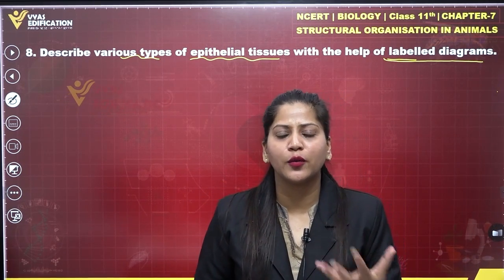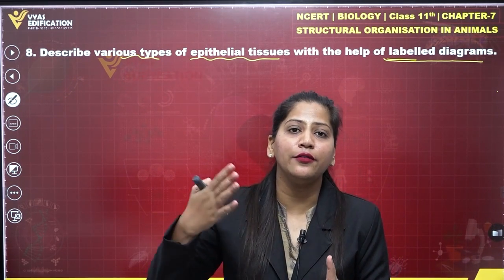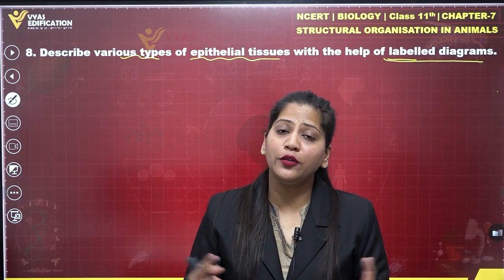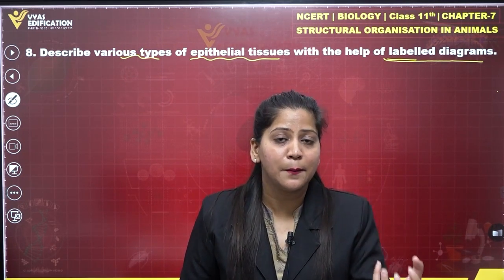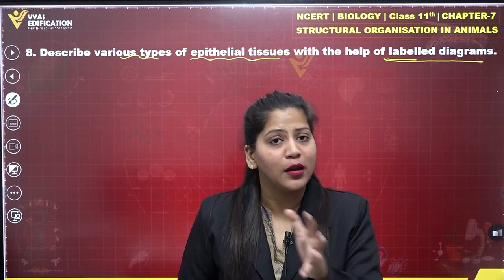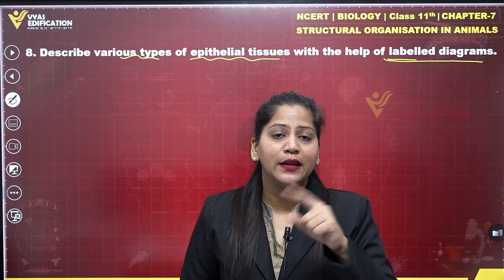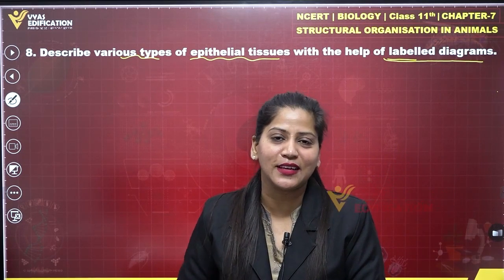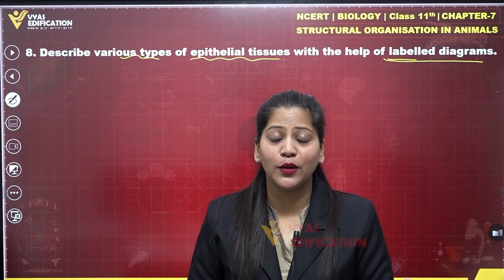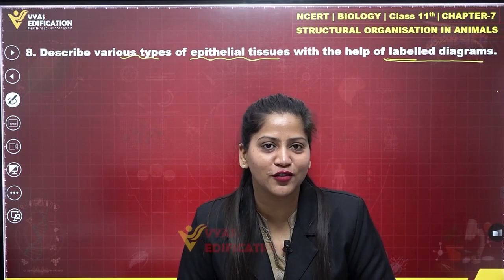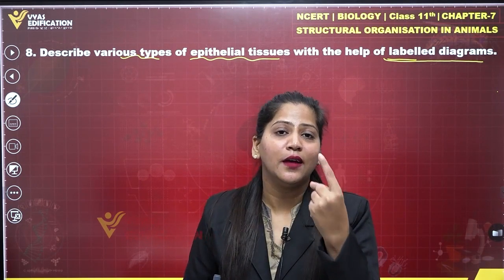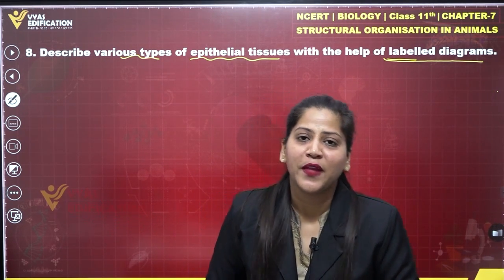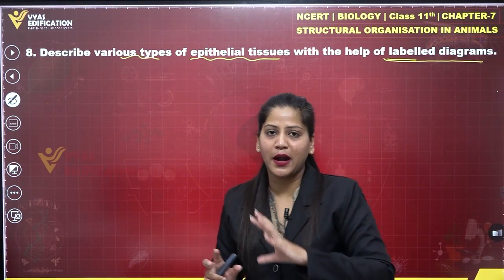Where do you find simple columnar epithelium? You will find it in the inner linings of the stomach and intestine, where absorption and secretion take place. As we know, the primary function of simple epithelium is absorption and secretion, right. So, this is columnar epithelium.